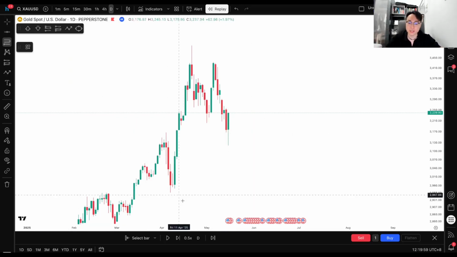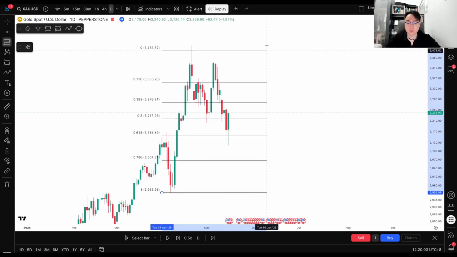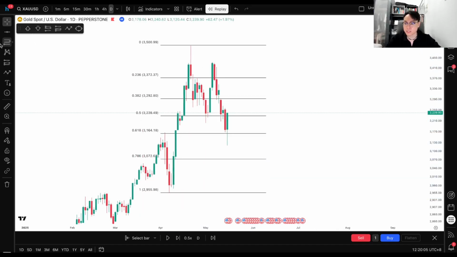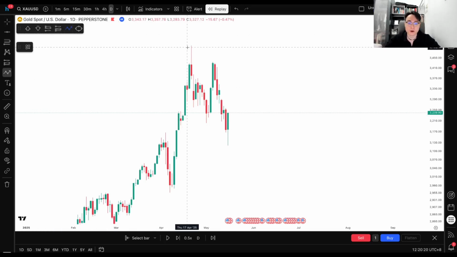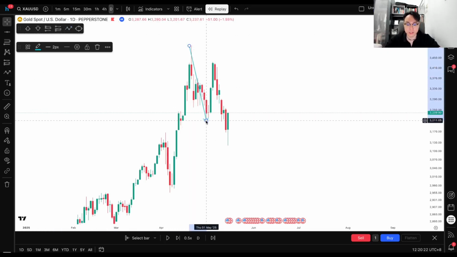Right here we can see the uptrend that we have, which is this low to the high. This is a particular uptrend that we're seeing that's retracing downwards. On the other hand, let's say we are looking from this particular high to this particular low.